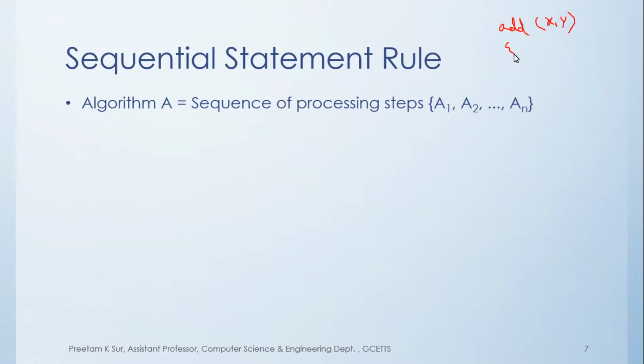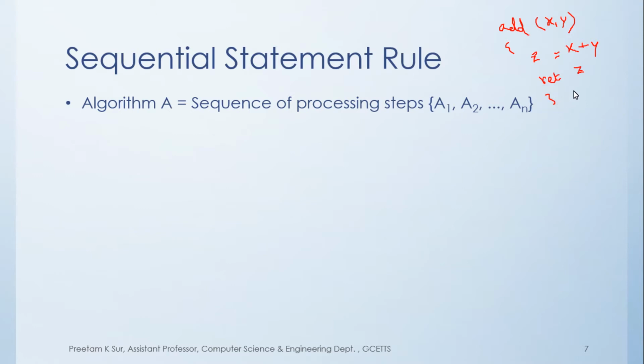Okay, next we have to add these, right? So let z equal x plus y, and we then return, okay, we then return z. So suppose this is my algorithm for adding two numbers.